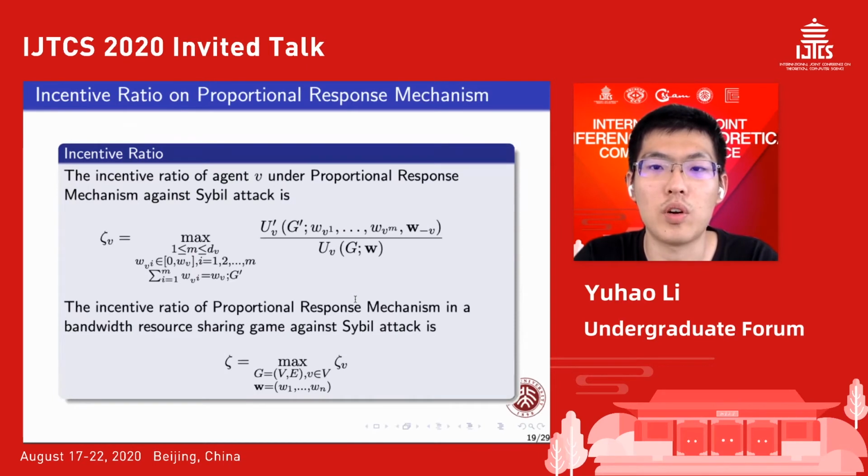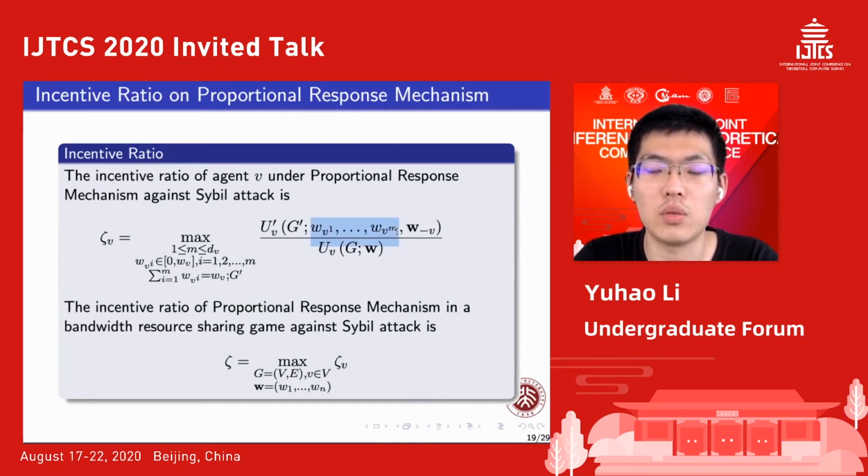So for our proportional response mechanism, agent V can split itself into several fictitious nodes and assign its resources among them.